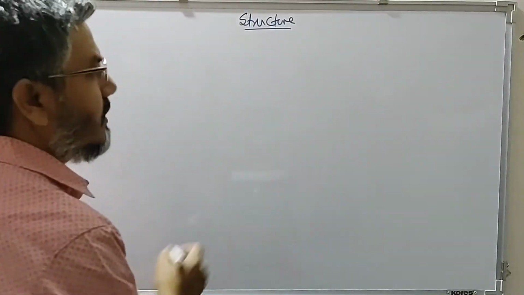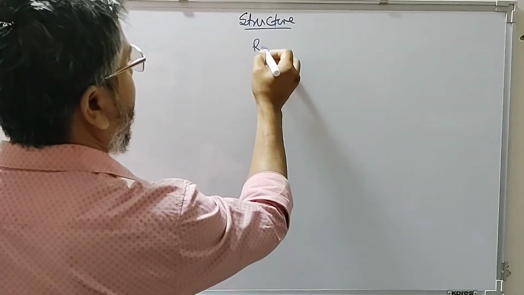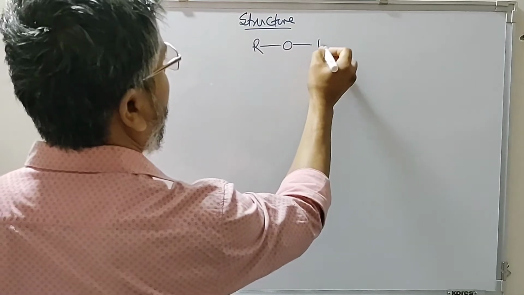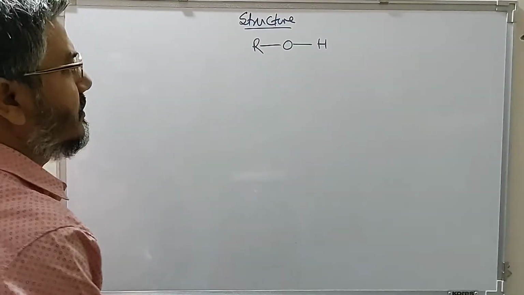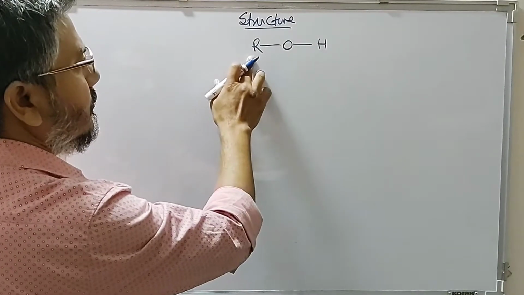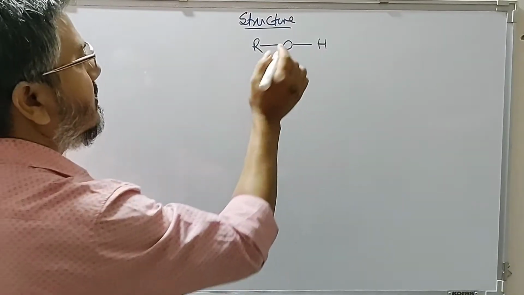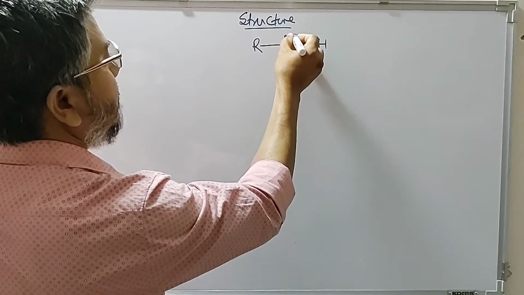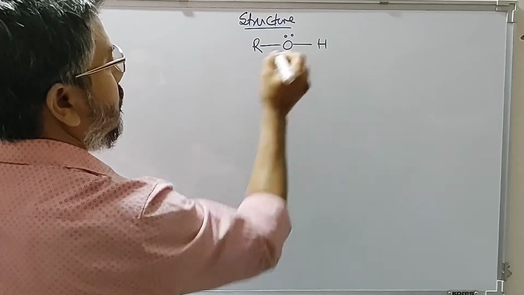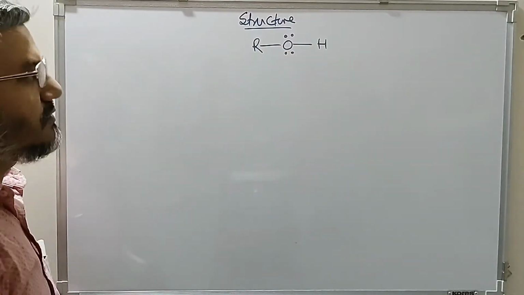So we are focused on alcohols. We have look at this R O H. This is alkyl group, oxygen, hydrogen. The oxygen is having two lone pairs of electrons.